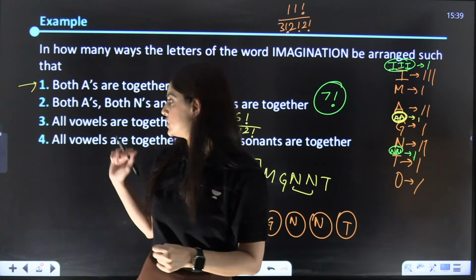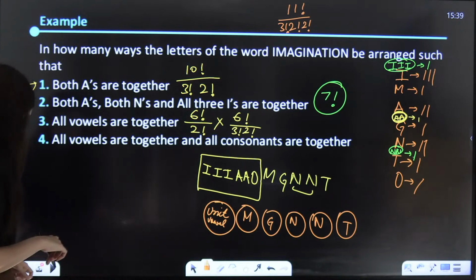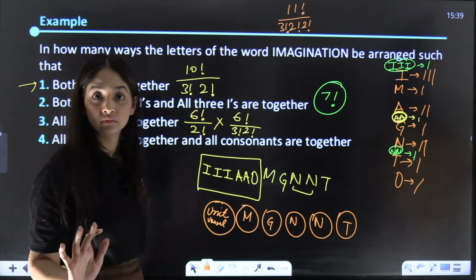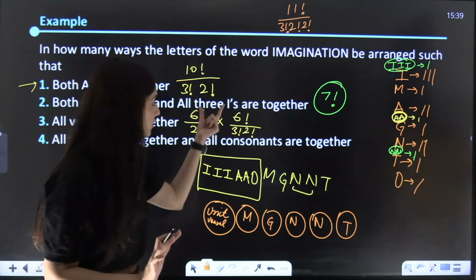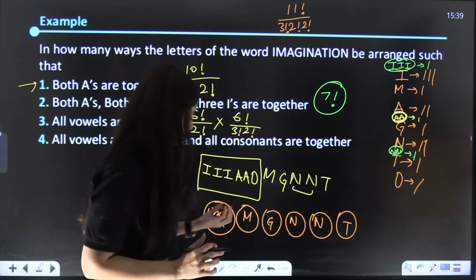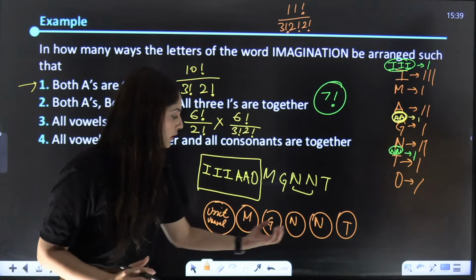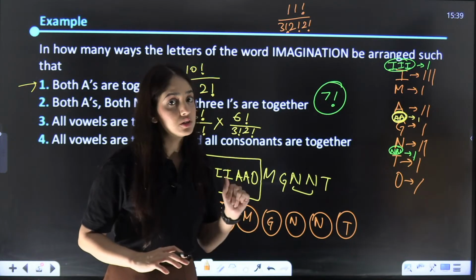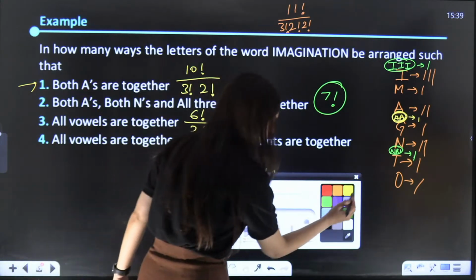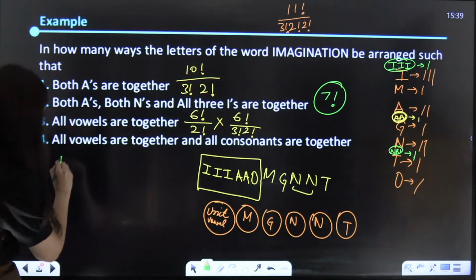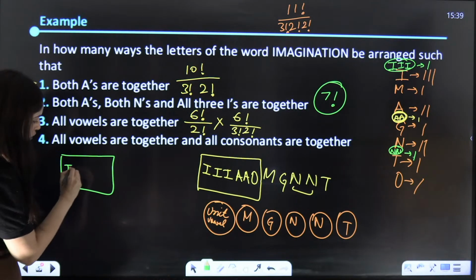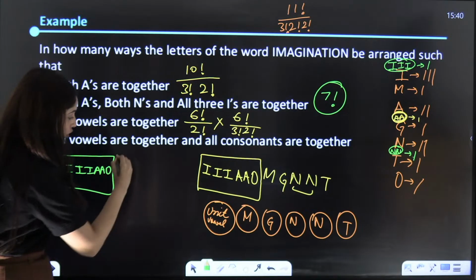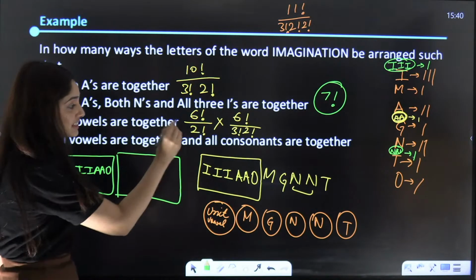Okay, now let's take a look at the last problem. All vowels are together and all consonants are together. Now, how is it different from our previous case? From our previous case, these vowels had to be together, but it could be between the consonants as well. The consonants could have been separated, but we also want the consonants to be together, which means we have our old unit I, A's, O, and we have another unit because consonants have to be together.